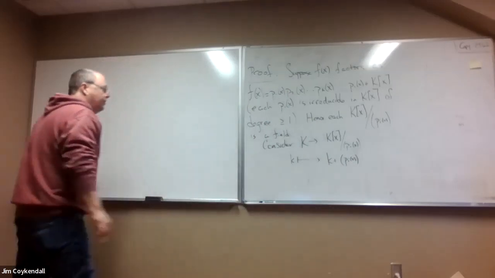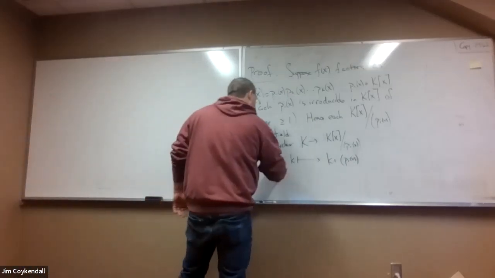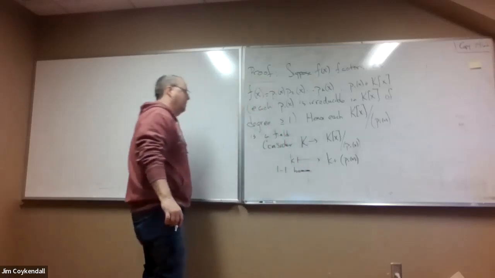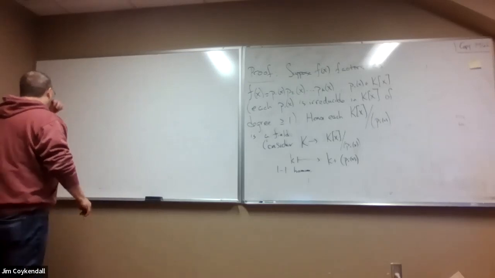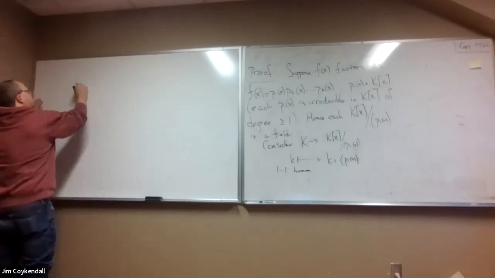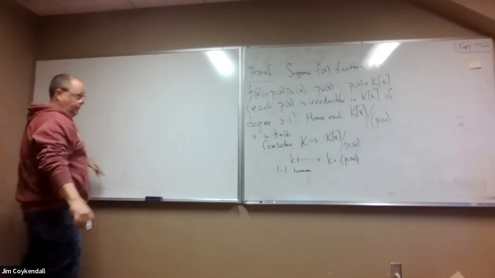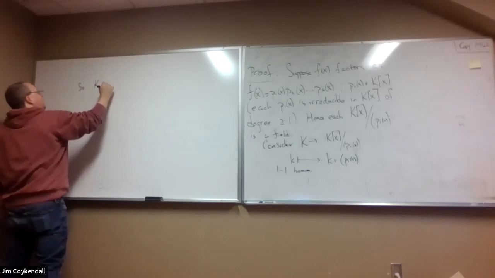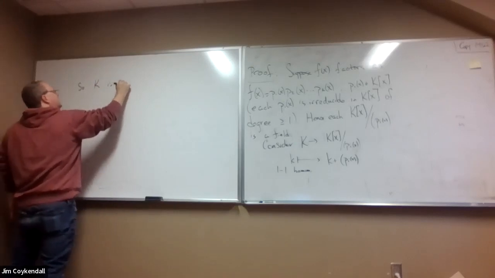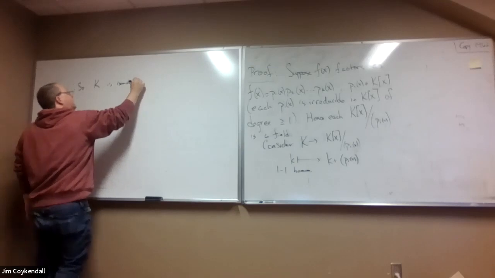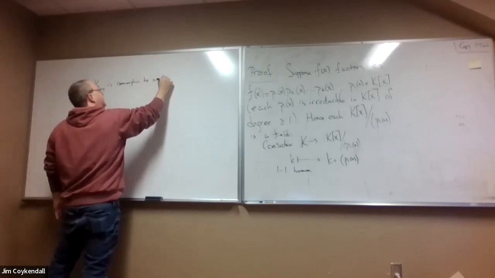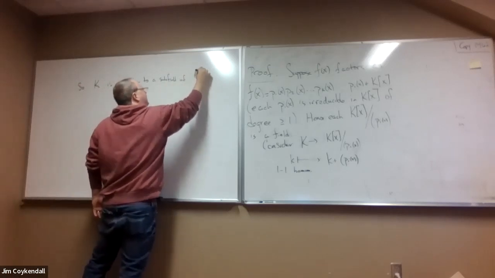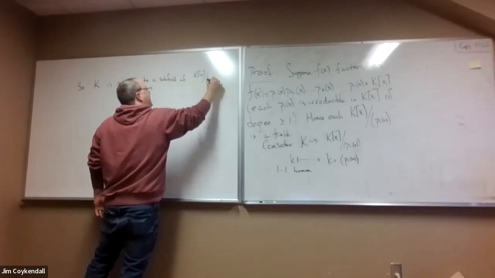And so this is a one-to-one homomorphism from K into K[x] mod pi(x). So K is a subfield of K[x] mod pi(x).